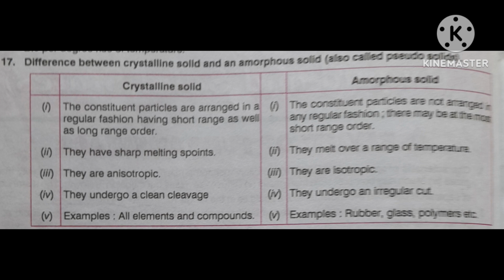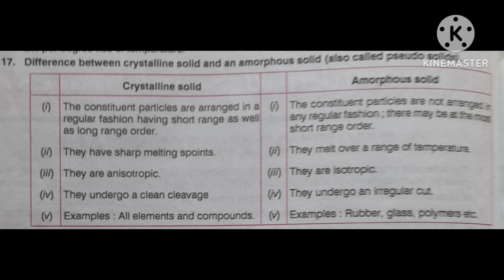All four that I discussed are crystalline solids. First type, ionic solid; second, covalent solid; third, molecular solid; fourth, metallic solid. For each I am telling you a little more.